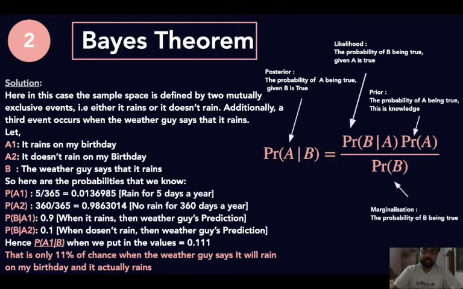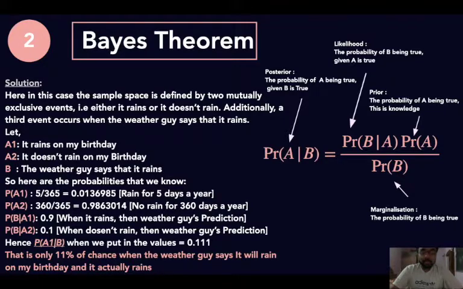So that's 360 upon 365. So now when it actually rains and the weather guy predicted that it rains, it would be 0.9. It's given in the question, and when it actually doesn't rain, but the weather guy predicted that it will rain, we would have its probability as 0.1.